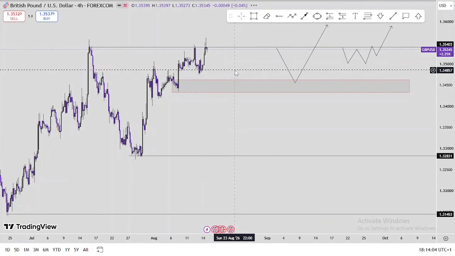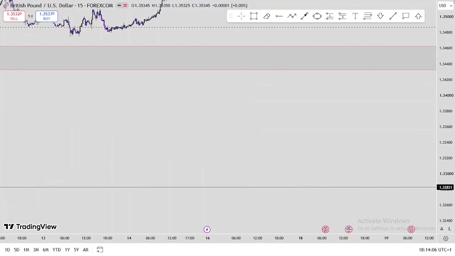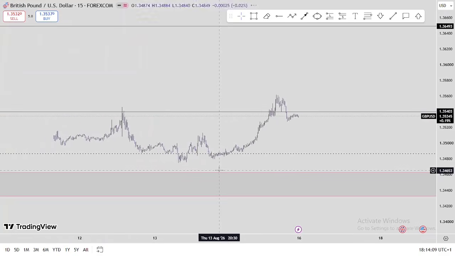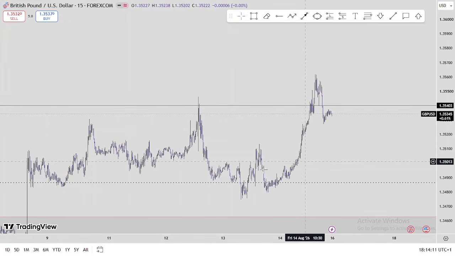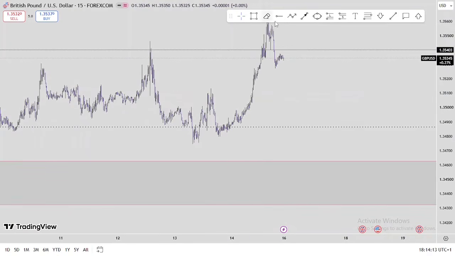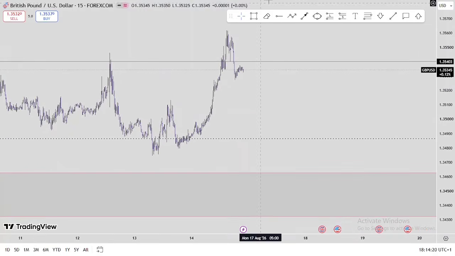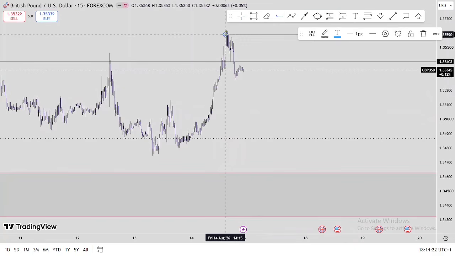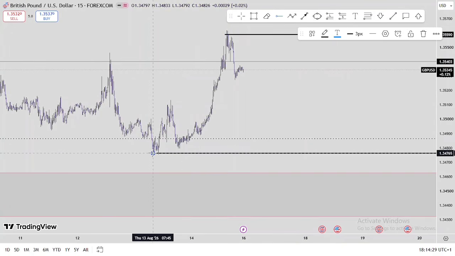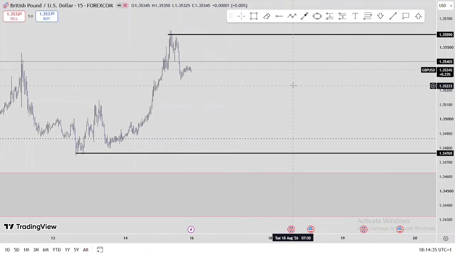Let's just quickly check on our 15 minutes how it would be reflected. High created here, on the 15 minutes, and then the major high and low that created the high here.